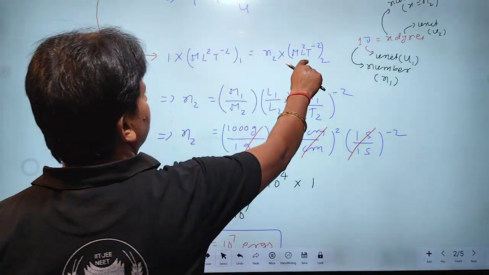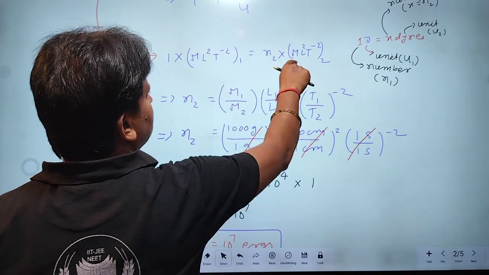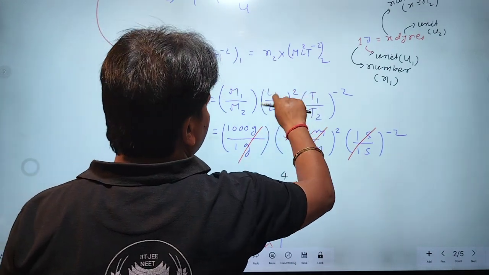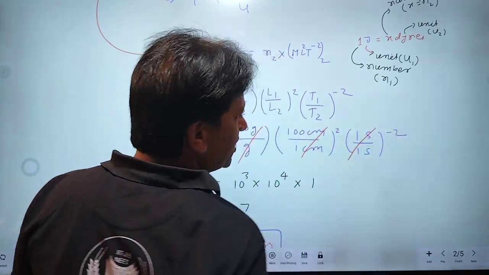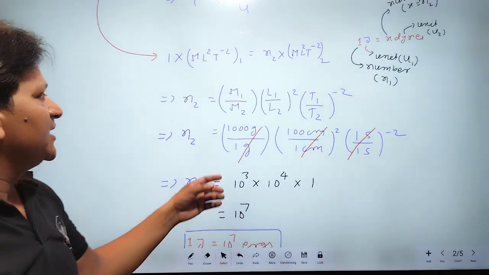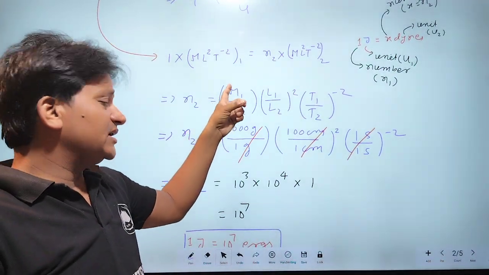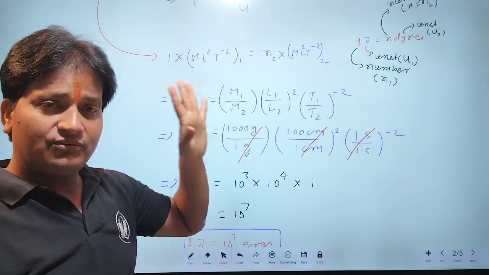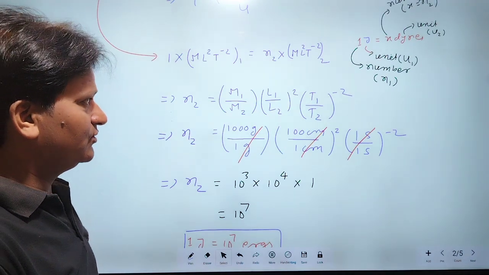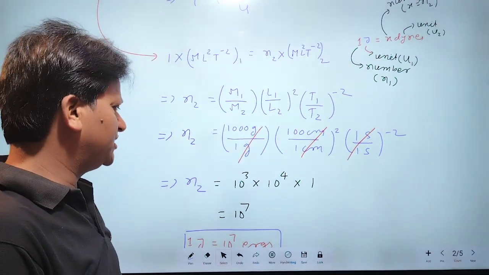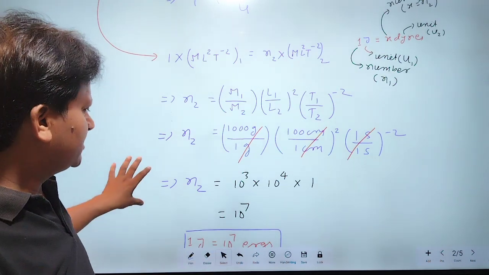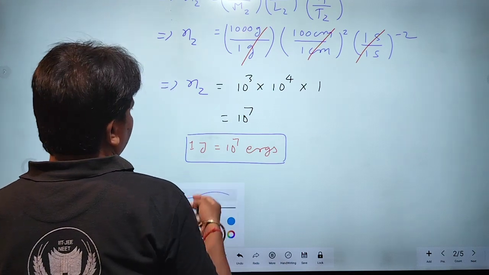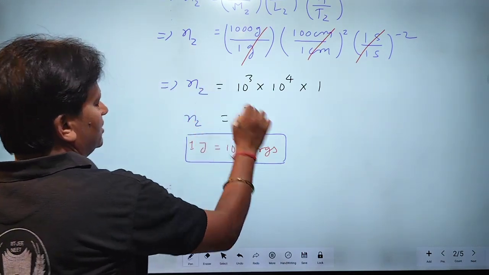Now, I am going to find N2. N2 will be equal to M1 by M2, L1 by L2 to the power 2, T1 by T2 to the power minus 2. Here 1 kg is equal to 1000 gram, and here 1 meter is equal to 100 centimeter. After calculation, the value of N2 will be equal to 10 to the power 7.